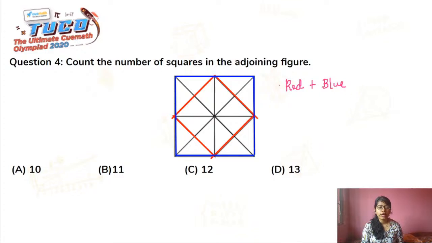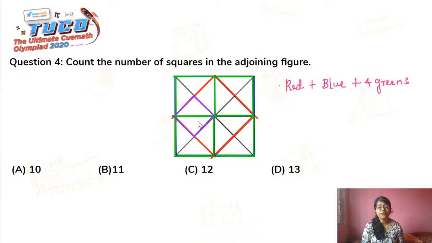Then the next one: we have 4 small boxes inside, 4 green boxes. I will highlight those. All you can see is that we have 4 small sections of squares, so there are 4 greens. Next, let's see if we have anything else.